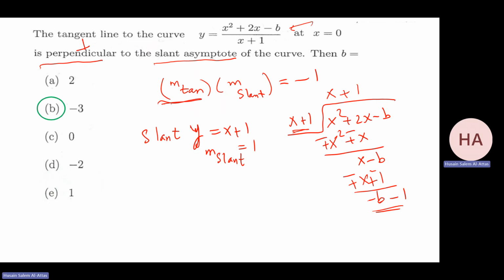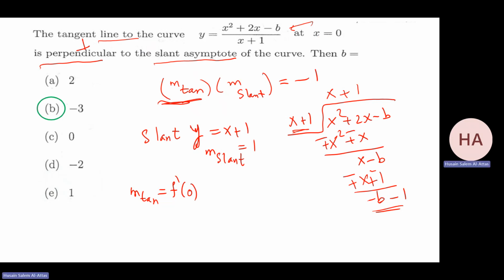Now how to find the slope of the tangent? I know that the slope of the tangent will be f prime at 0, since I have the tangent line at this point, at 0. Now, what is f of x? We can do it here with the quotient rule: derivative of the numerator.